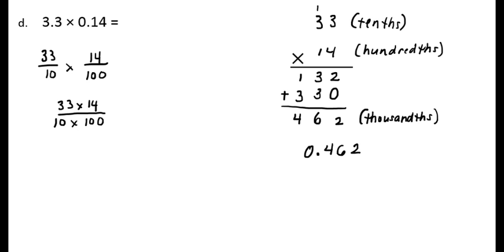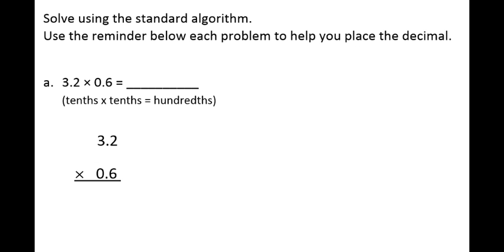Well, 33 times 14 is what we did on our vertical multiplication problem, so that's 462, and 10 times 100 is 1,000. 462 thousandths is the fraction form of the answer, and again, as a decimal, it would be 0.462.